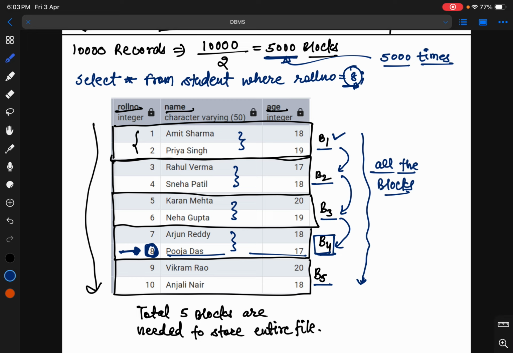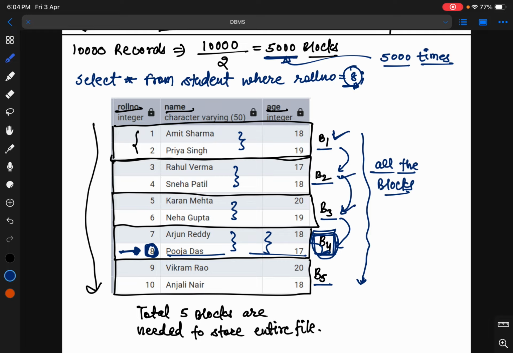We want disk block access to be as low as possible, because here we need to search 5 blocks in the worst case. But if I can make an index which can tell me that this is where your data is stored, in b4, then I'll only go to b4 and search that block, instead of searching b1, b2 and b3 first.